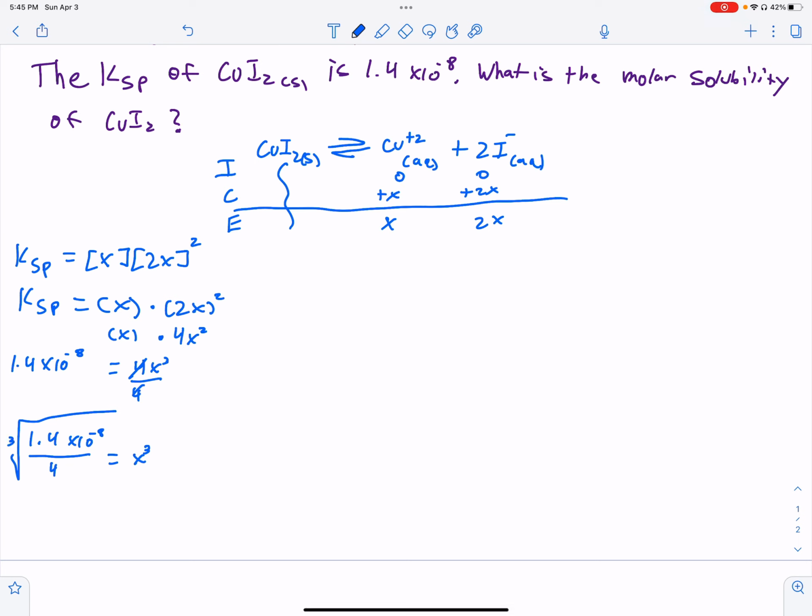On your calculator, there's a button that allows you to type in any integer for the root, a 3, a 4, etc. So you take the cube root, and we get that X is equal to 1.5 times 10 to the minus 3 molar. This is the molar solubility of the salt.